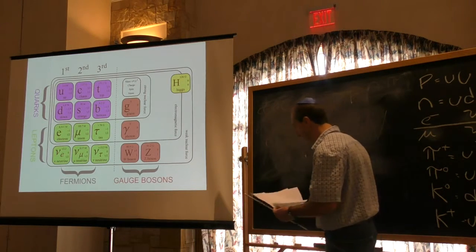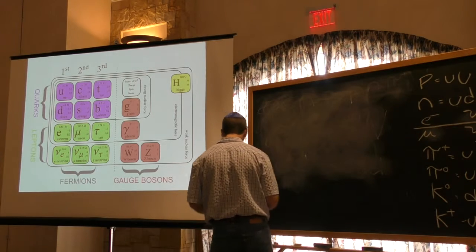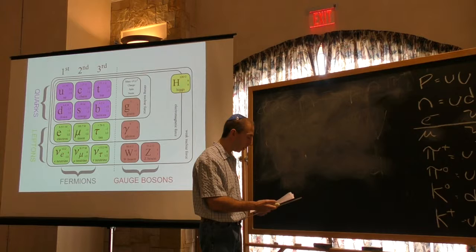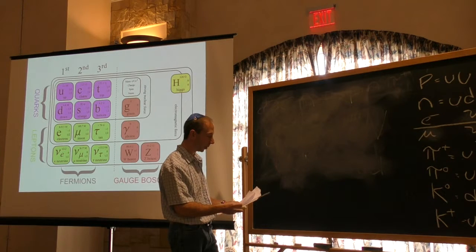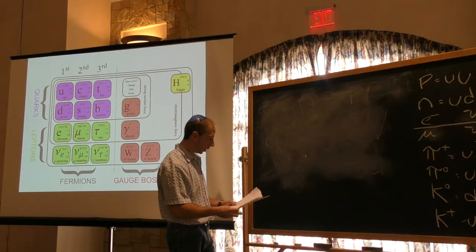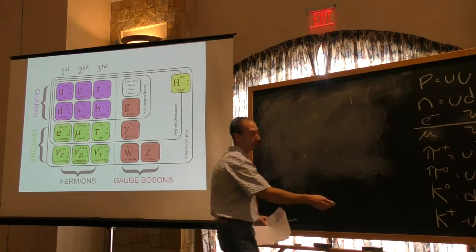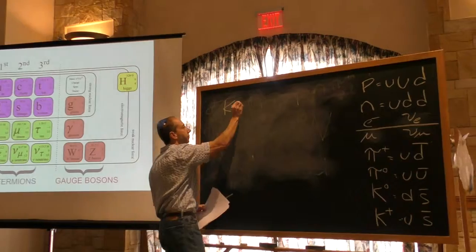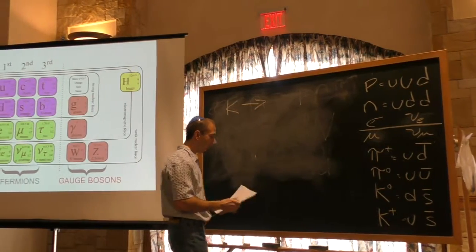Other examples of the weak force in action that are relevant to us: if I have a kaon here, a K plus, that decays, I can have a kaon go to, let's say, 3 pions.